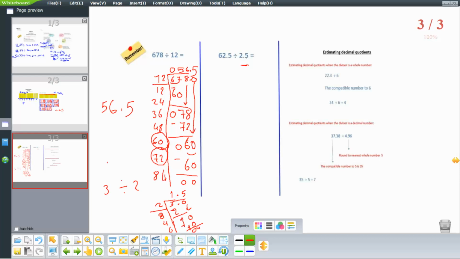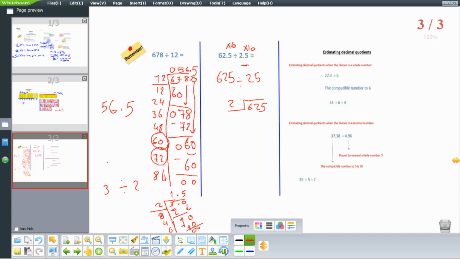Here we have one decimal place, so we are going to multiply by 10, and if I multiply the divisor by 10, we must multiply the dividend by the same number. So it will be 625 because we move the decimal point to the right. So it will be 625 divided by 25. Now we can do the normal division.